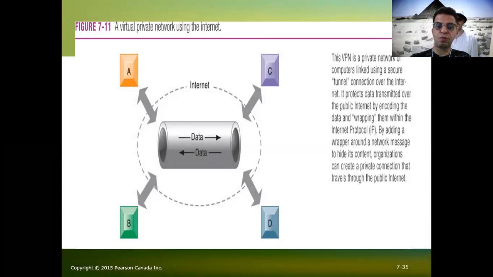With a VPN, as we said, everything goes through a tunnel. This is a private network of computers linked together in secure tunnel connections over the internet. It protects data transmitted over the public internet by encoding the data and wrapping it.